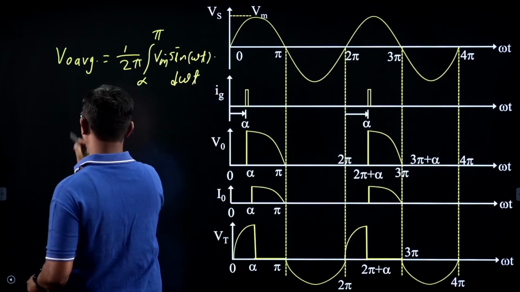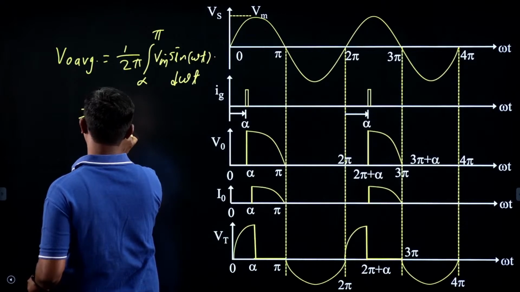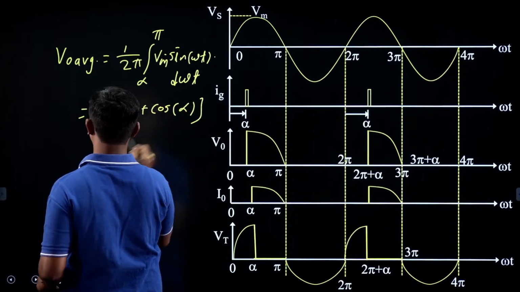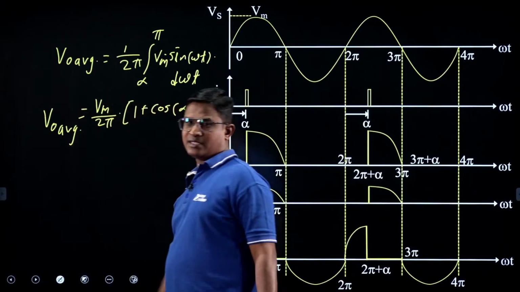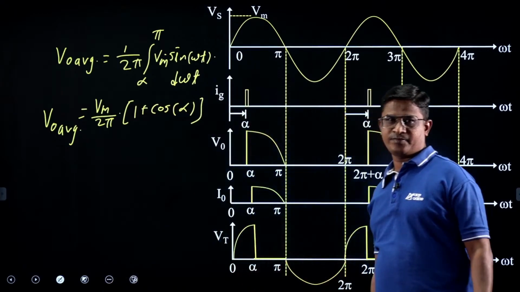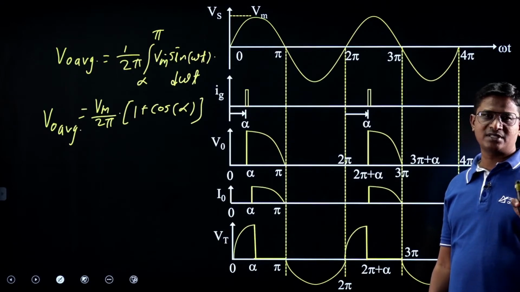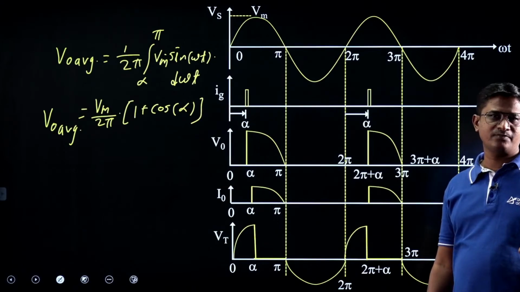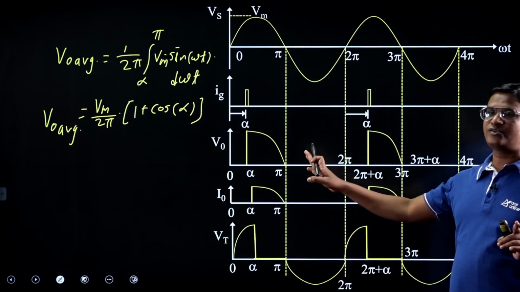After simplification you get V0 average equals Vm by 2 pi into (1 plus cos alpha). As long as the rectifier chapter is considered, V0 average expressions are important. Most of the questions are asked on V0 average. Regarding V0 RMS, they have rarely asked questions.